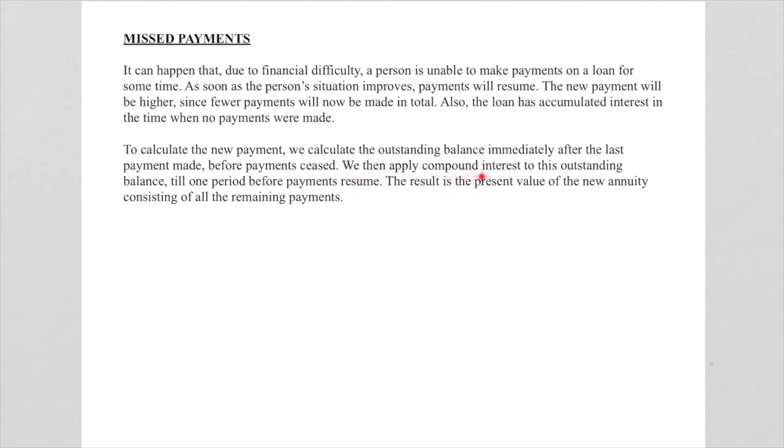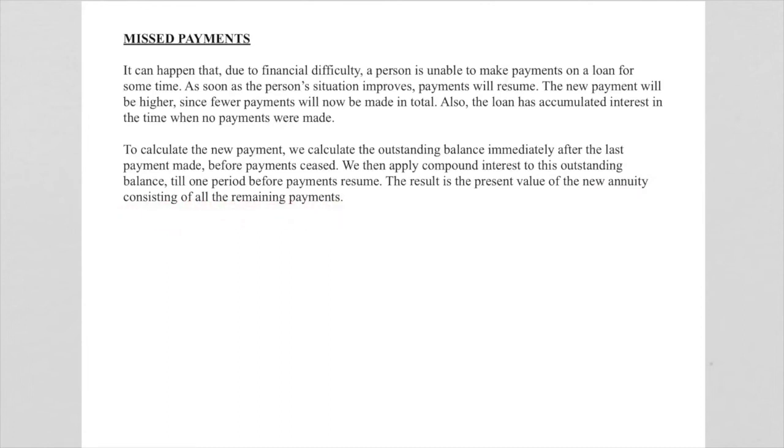We then apply compound interest to this outstanding balance till one period before the payments resume. Remember, in terms of present value annuities, we always want the present value one period before the payments resume. The result is the present value of the new annuity consisting of all the remaining payments.